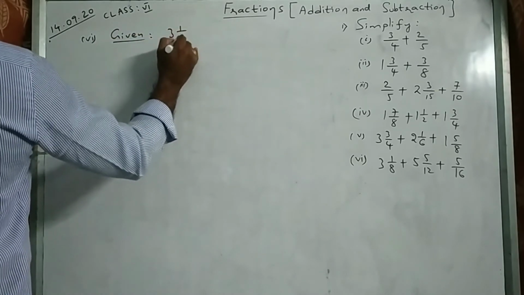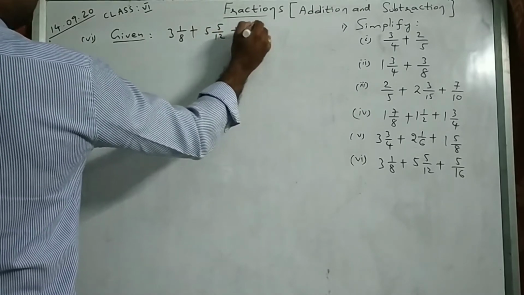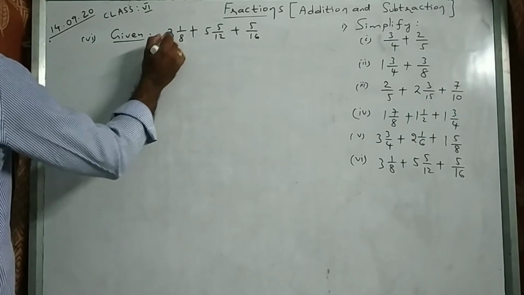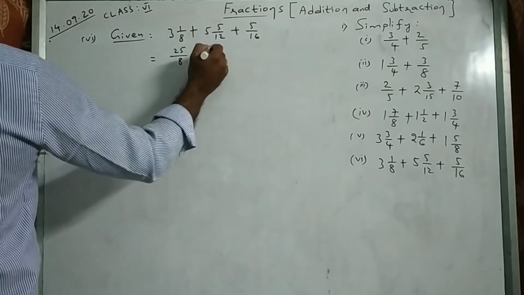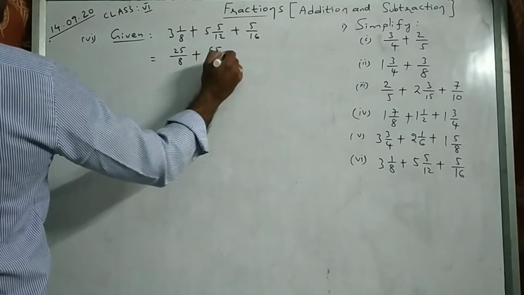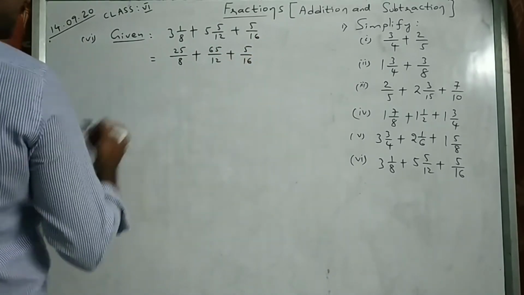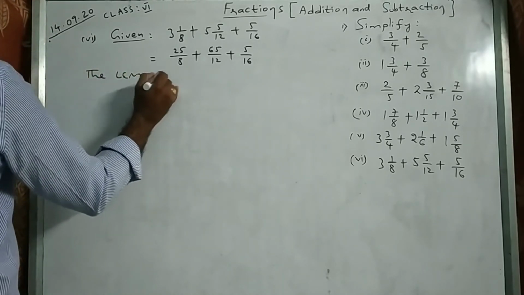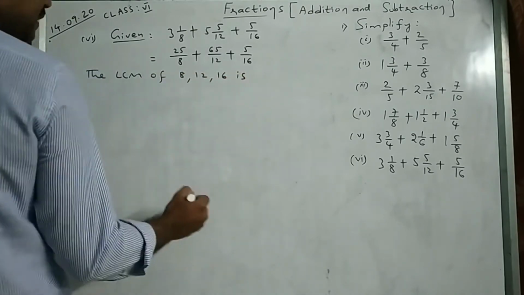3 1 upon 8 plus 5 5 by 12 plus 5 by 16. 3 1 by 8, 8 3s are 24 plus 1, 25 by 8. 12 5s are 60 plus 5, 65 by 12, so 5 by 16. What is the LCM of 8, 12, 16?